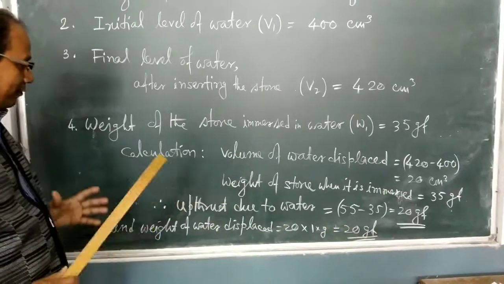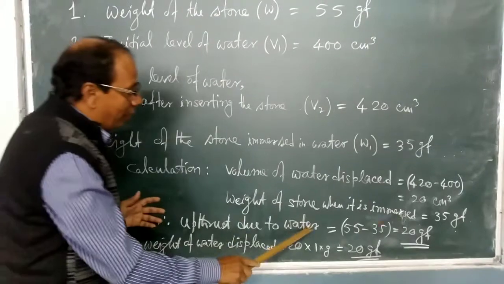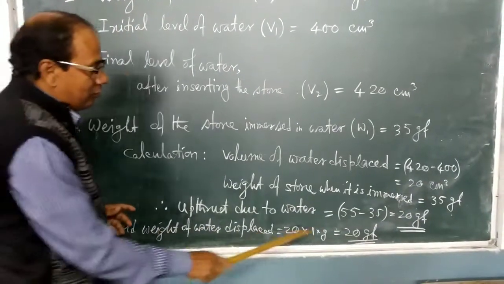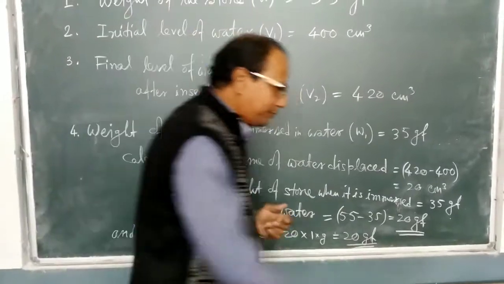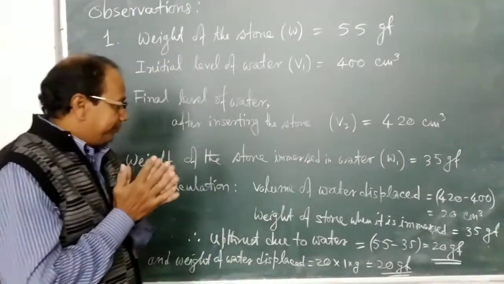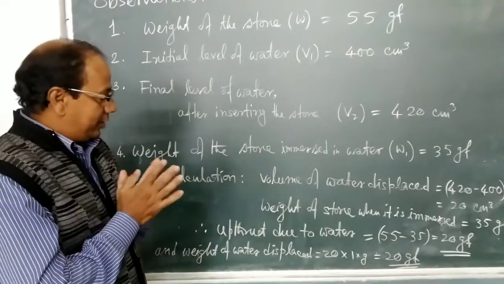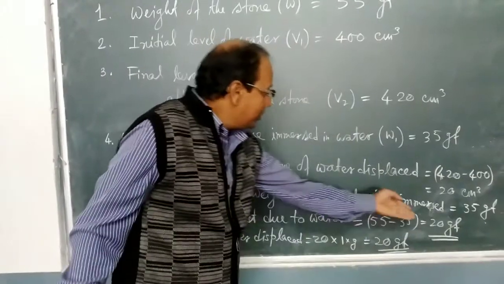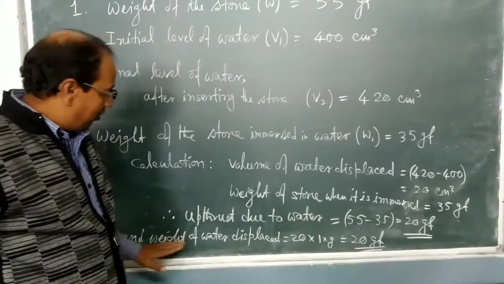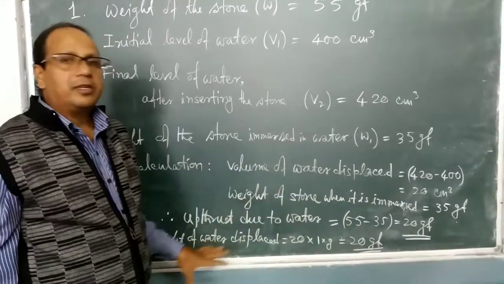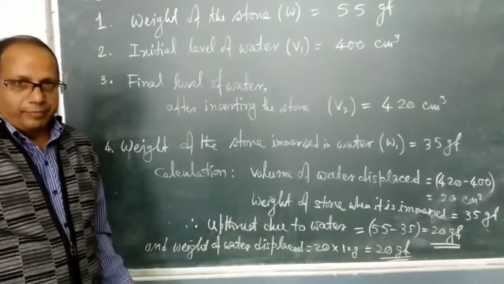So at the last we have seen upthrust due to water is 20 GF and weight of water displaced is also 20 GF. That means we can say that according to Archimedes principle, the apparent weight loss is 20 GF, which is equal to the weight of water displaced. So we can say from this experiment that Archimedes principle is verified. Thank you.